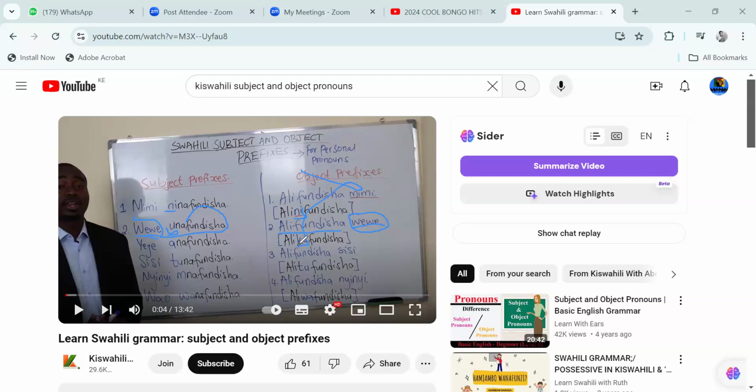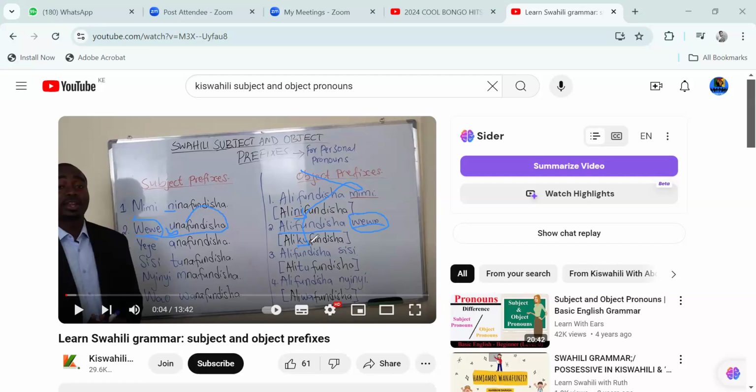So the word kufundisha now replaces the pronoun wewe as the recipient. Alikufundisha. He, you. So the ku here represents wewe. So in the singular, in the subject aspect, the prefix of wewe will be u.